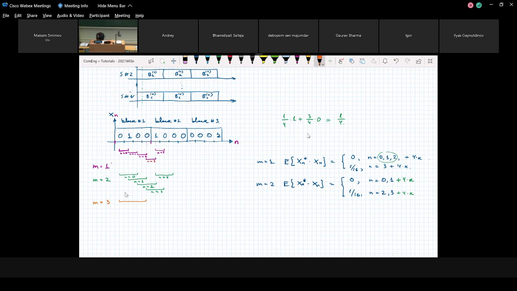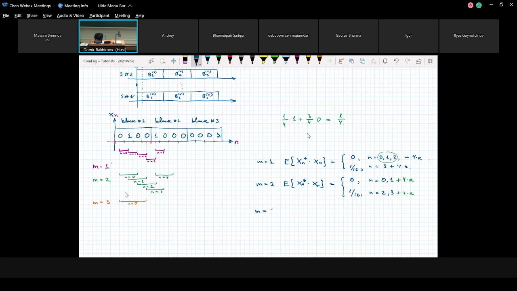It was 1, 2. No, it's fine. It's 3. And we have n equals to 0. Yeah. And we are still within one coded block. As a result, we can also start writing the answer for autocorrelation.